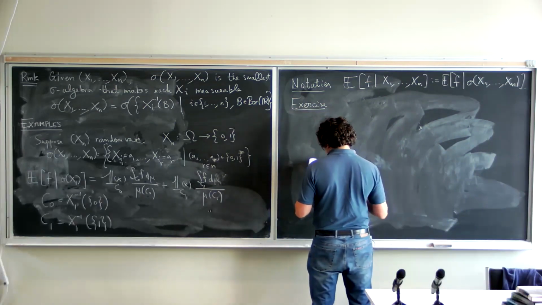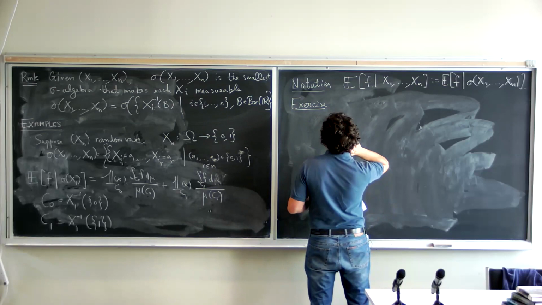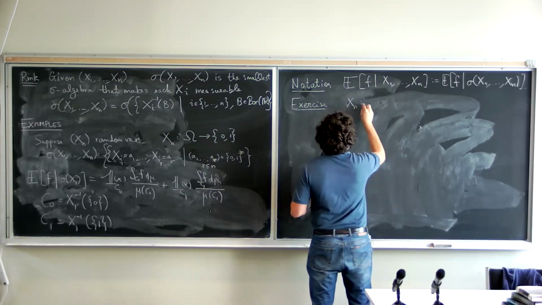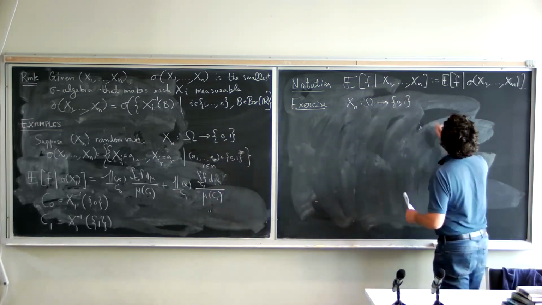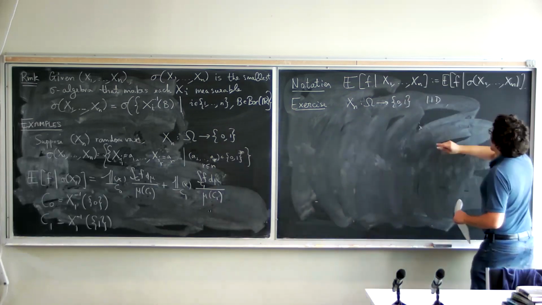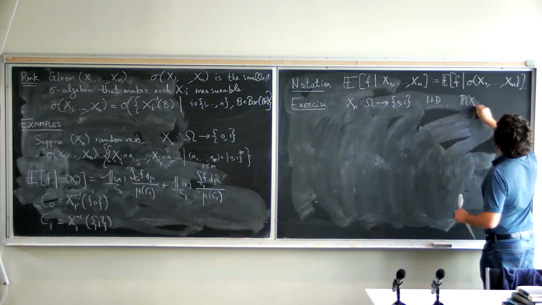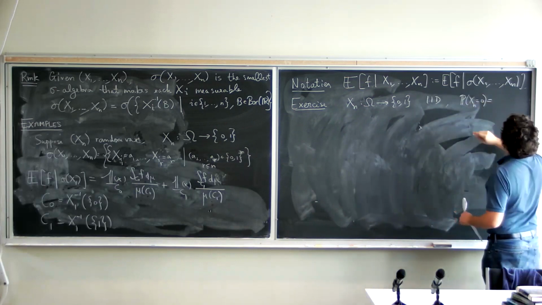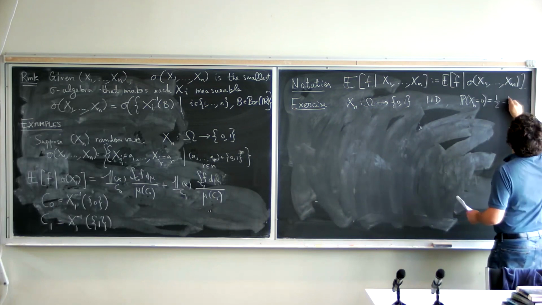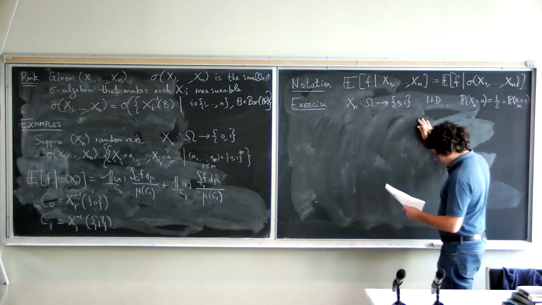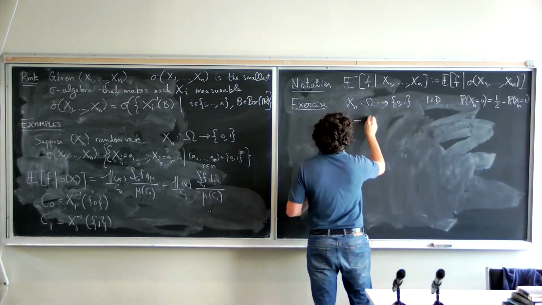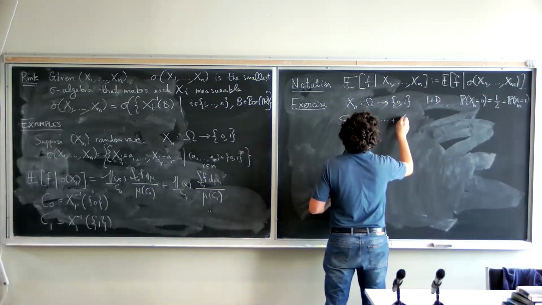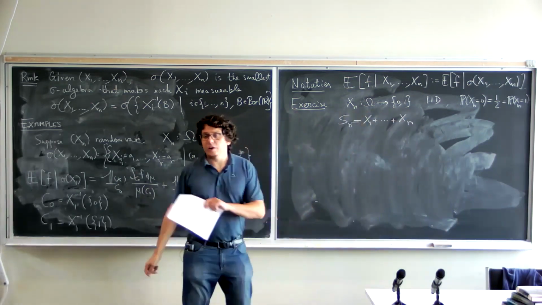So let's say again that we are doing a coin toss. So the xn are just 0, 1 random variables. They are IID, and the probability of xn equals 0 is 1/2. Suppose you do the usual coin toss. And you define Sn as the sum of the first n variables.